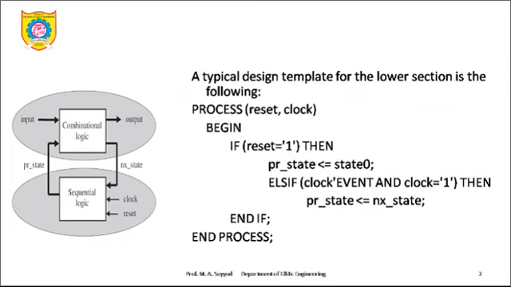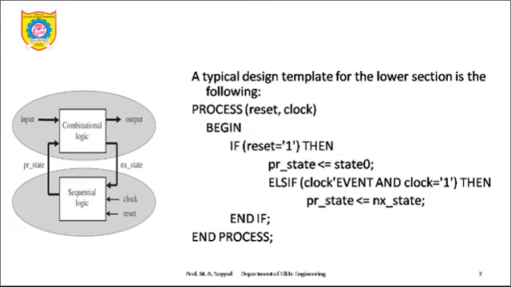See, this is the same diagram of an FSM, which contains the upper part and lower part. The upper part is a combinational logic and the lower part is a sequential logic. I have already shown you the template for writing the VHDL code for the lower part as well as the upper part.